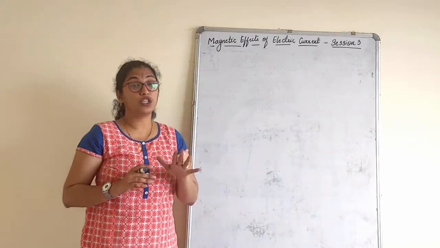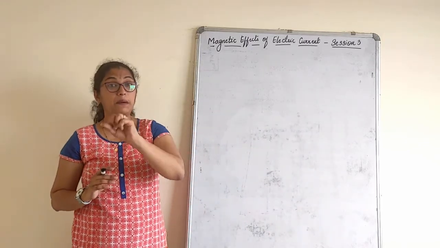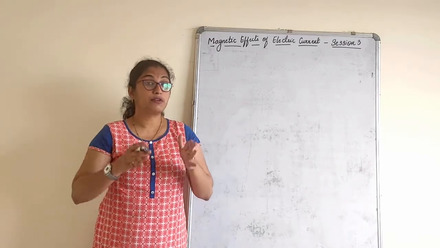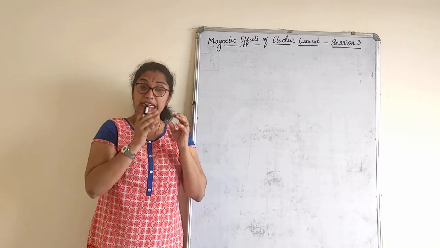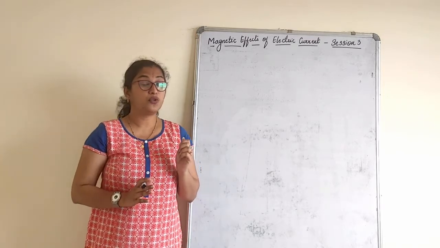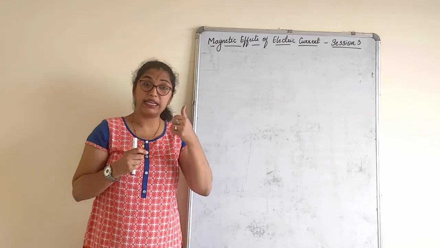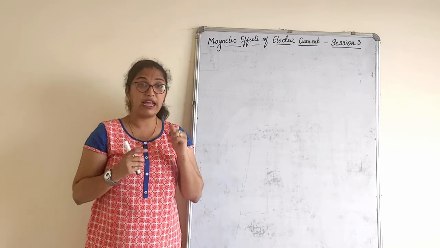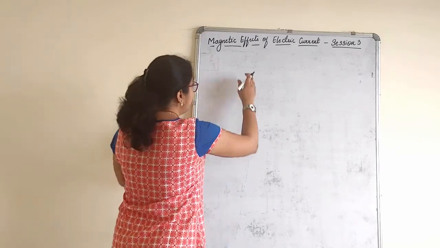Electromagnetic induction works on Fleming's right hand rule, and its application is the generator, right? When we talk about the generator here, it is just from the textbook point of view, a general generator only. We do not study in detail about the AC generator and DC generator. There is a difference, children. I'll make you all understand that.